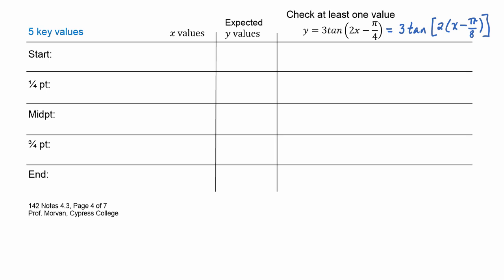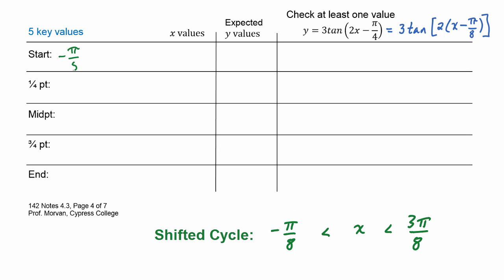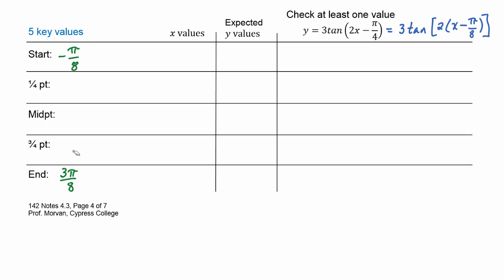Now recall that when we solved the inequality for the shifted cycle, we found that our one period is going to start at negative pi over 8 and end at 3 pi over 8. So using the start value and the end value, we can now find the midpoint.